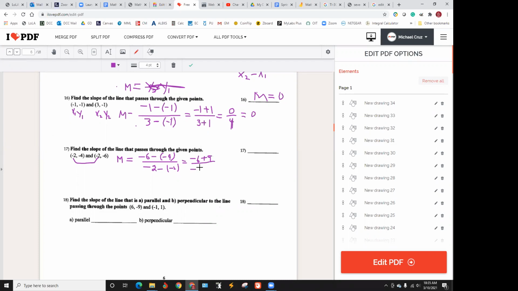And that's -2 plus 2. It's really just the opposite of this, except now it's 3/0, which is undefined. So undefined, just put that right there.